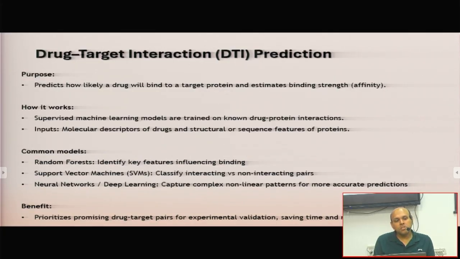As inputs, you have got the molecular descriptors of drugs, structures of those, sequence features of proteins, and common models that are used are similar ones that we discussed earlier: random forest, support vector machine, neural networks. And the benefit is it prioritizes promising drug target pairs for experimental validation, saving time and resources.